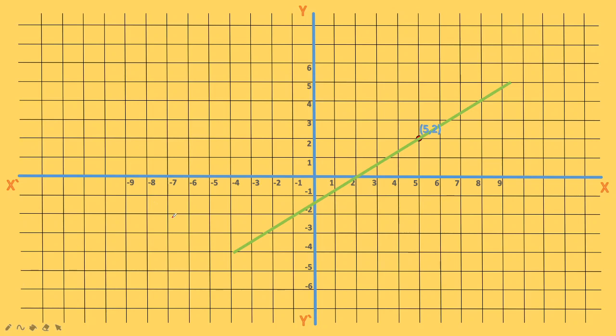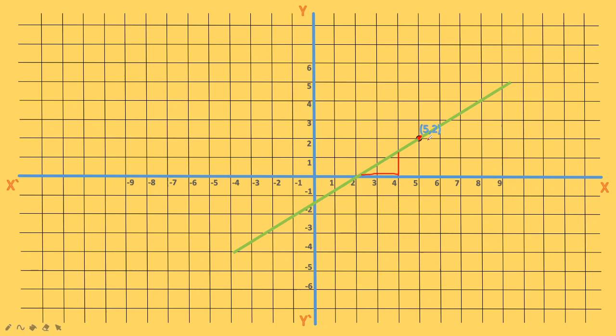If I fix the slope and if I fix the point, there is only one line that I can draw through these things, right? There is only one line in the whole world. I mean, in a two-dimensional plane, there is only one line which has the same slope and which passes through this point.